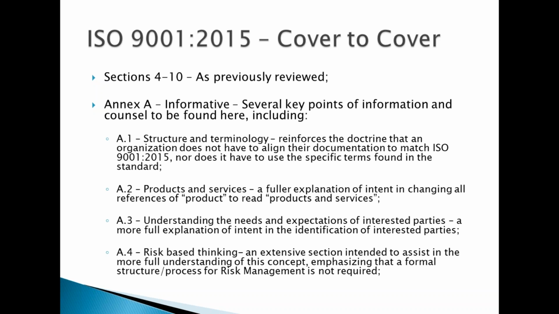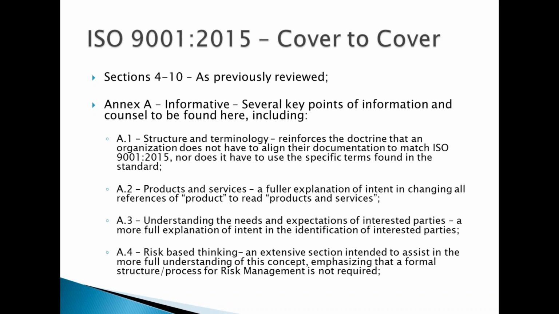Annex A2 is called Products and Services. It's a fuller explanation of intent in changing all references of product to read as products and services. We've already looked at A3 in terms of interested parties and what that's all about. A4 is called risk-based thinking.